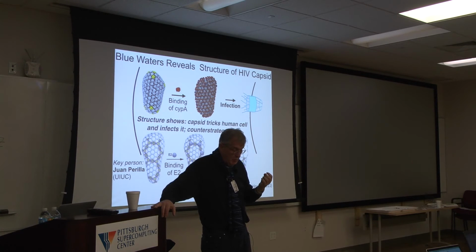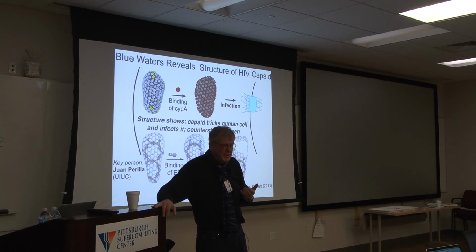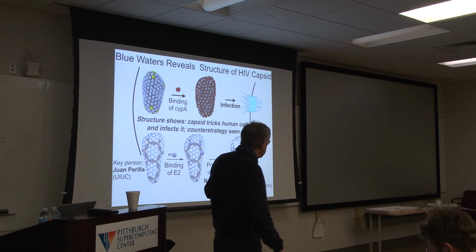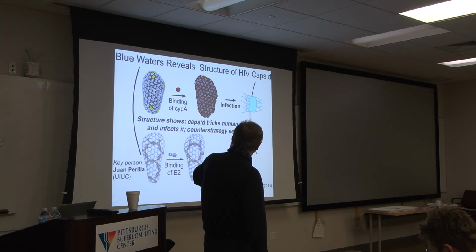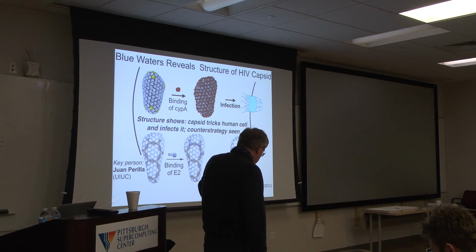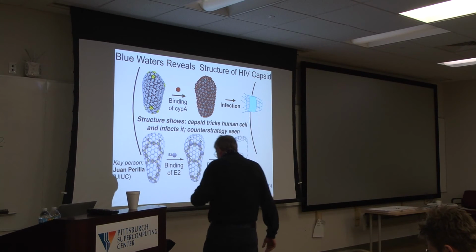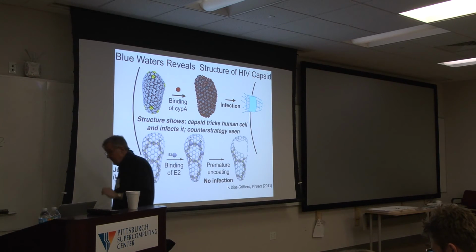So we even had to use the latest atomic polarizability force field that I mentioned earlier today in order to describe this binding of cyclophilin to this capsid properly. It's really as complicated as when you're studying a single enzyme in detail.